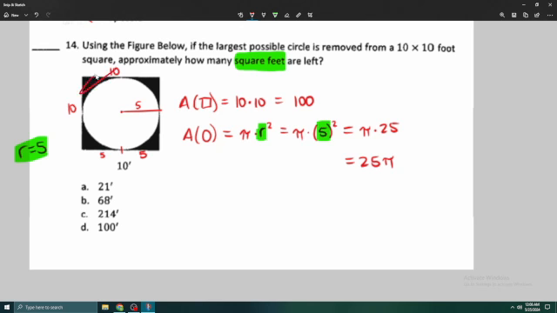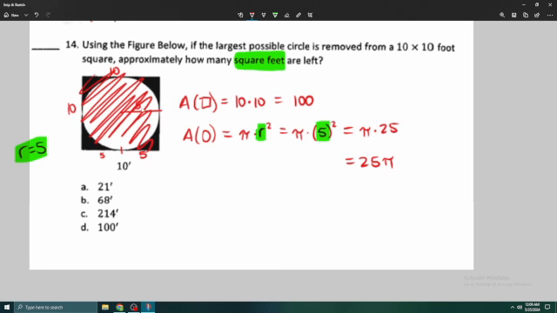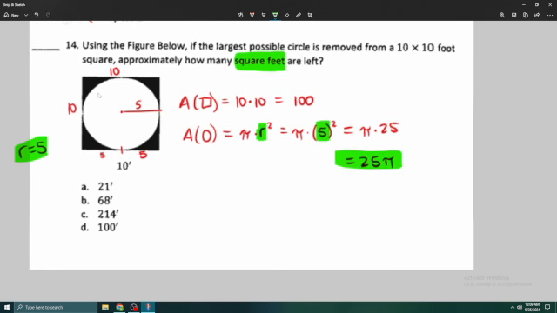So think of it this way. We have a square that has 100 square feet, and this white circle has an area of 25 pi. It's going to be an ugly number, so let's get a decent approximation for 25 pi, because what we're going to do is 100 minus 25 pi.